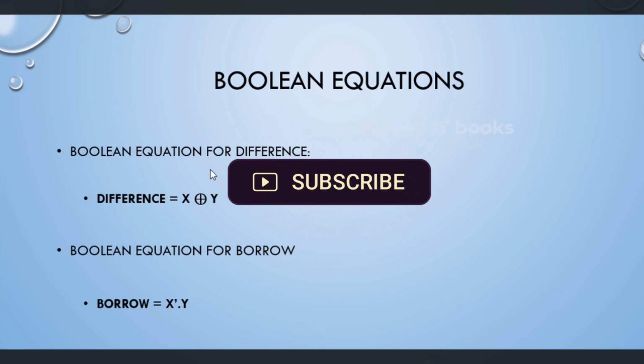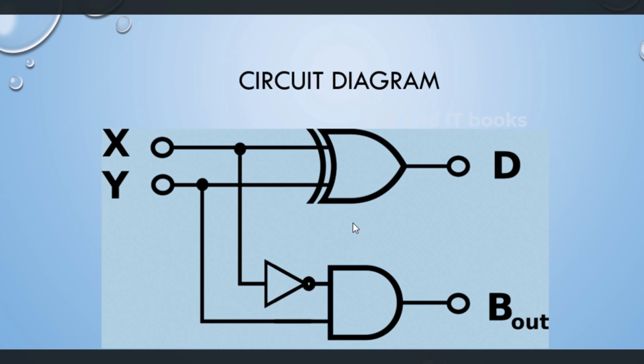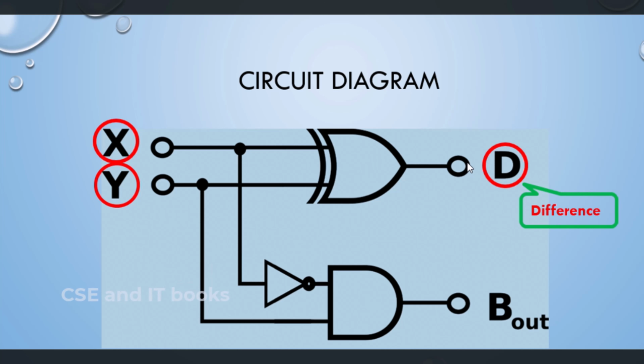From these Boolean equations, we can make the circuit diagram for the half subtractor. So let's proceed. For the circuit diagram, there are two single bit inputs x and y, which are connected to a XOR gate, which gives us the first output, which is the difference.